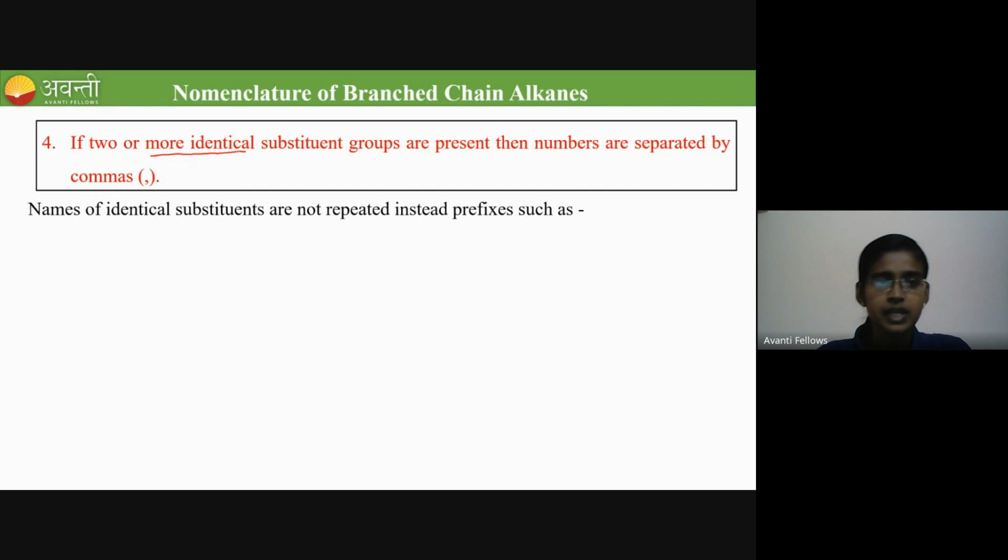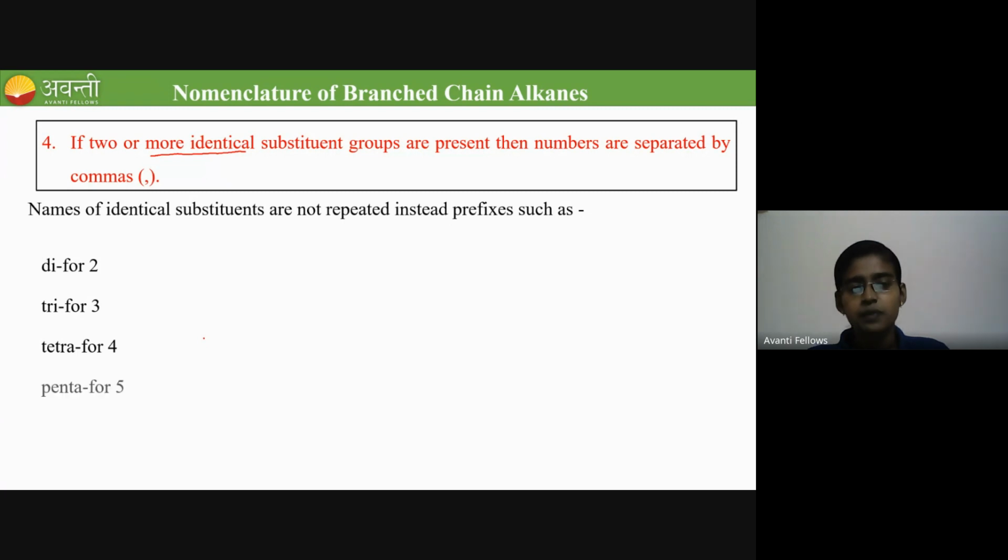We have to separate the numbers by comma. You need not write 2-methyl, 3-methyl, 3-ethyl like that. If there are 2 substituents, write di. If there are 3, give tri. If there are 4, give tetra, penta, hexa, hepta, octa. Like that it goes on.